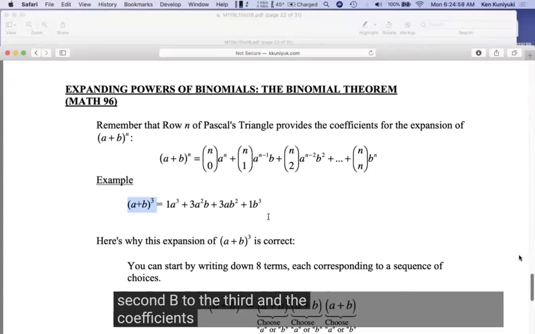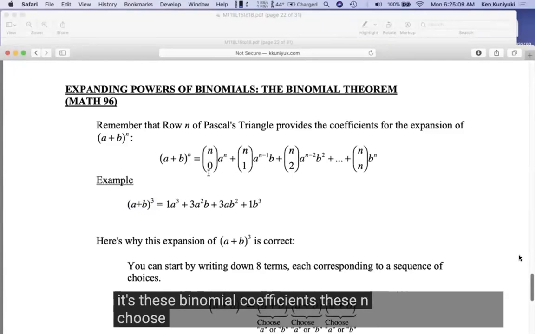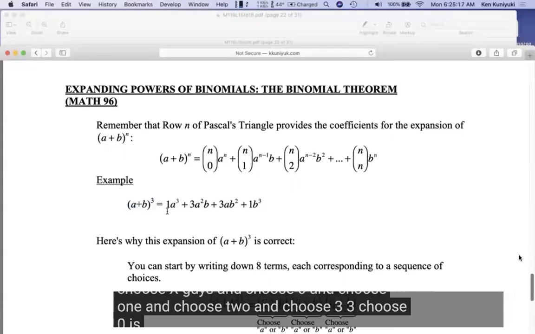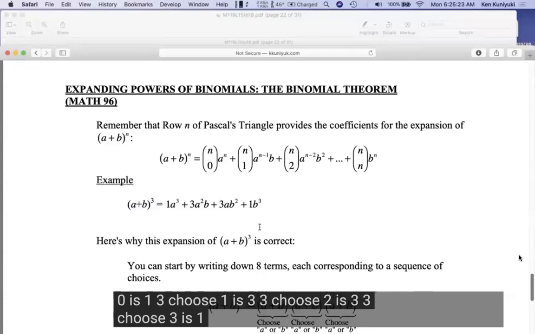And the coefficients for this power of a binomial, right? These coefficients come from Pascal's triangle. It's these binomial coefficients, these n choose x guys. N choose 0, n choose 1, n choose 2, n choose 3. 3 choose 0 is 1, 3 choose 1 is 3, 3 choose 2 is 3, 3 choose 3 is 1.